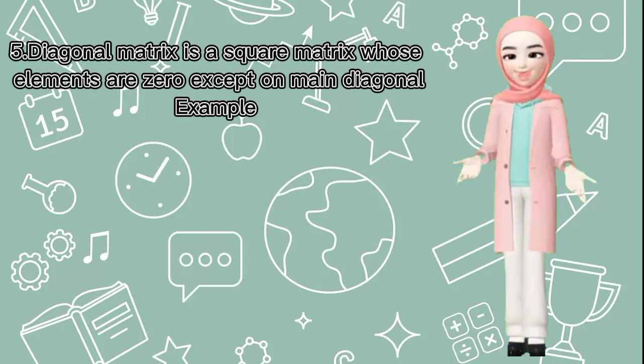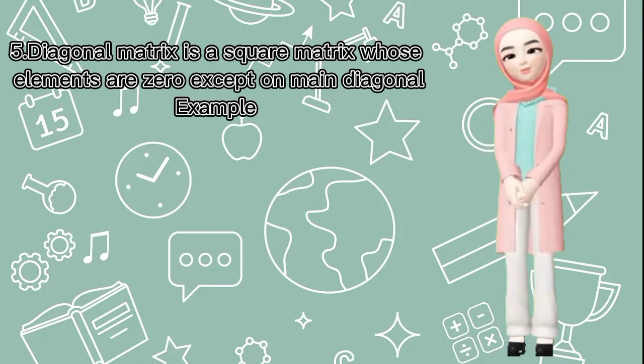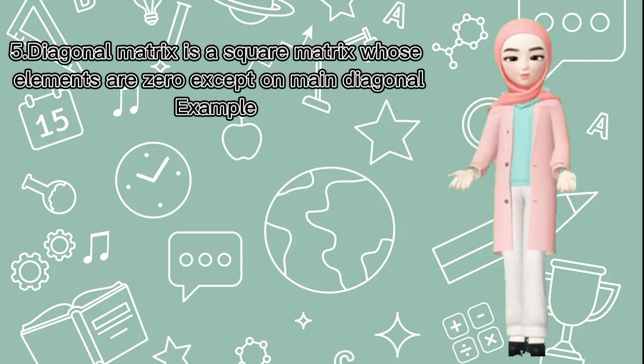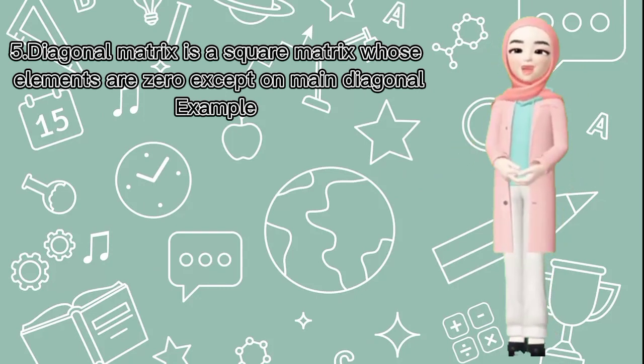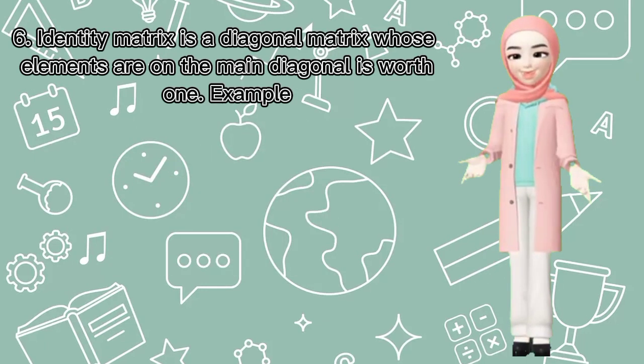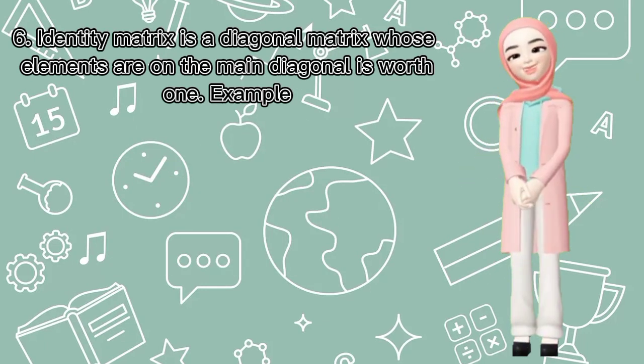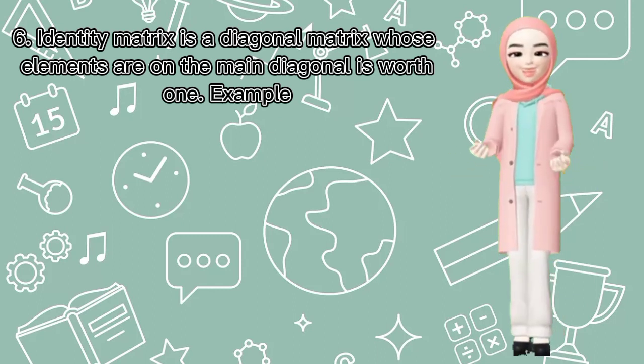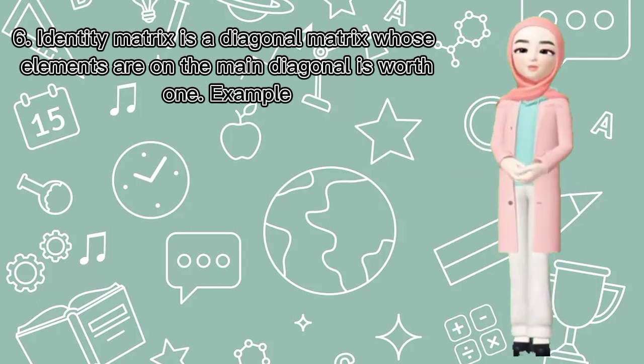Example. 5. Diagonal matrix is a square matrix whose elements are 0 except on the main diagonal. Example. 6. Identity matrix is a diagonal matrix whose elements on the main diagonal are worth 1.